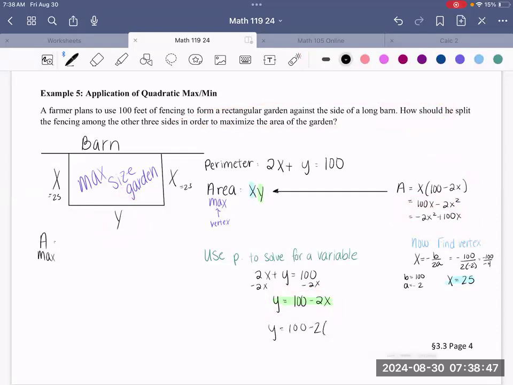We can put 25 in, so 100 minus 50 would be 50. So this would be 50 here. Your max area is 25 times 50, which is 1,250 feet squared.